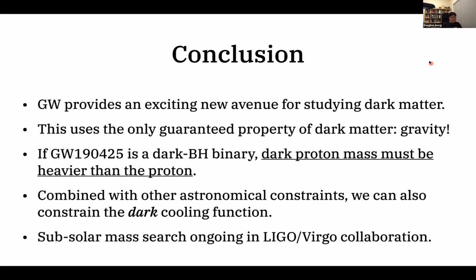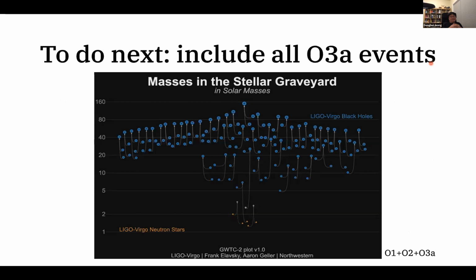And as I know, the subsolar mass black hole binary search is ongoing in the Virgo collaboration. And the immediate thing that we have to do, because this paper came out last week, is to extend our analysis, including all those new black hole binaries that they found in the O3A event. Thank you very much for your attention.